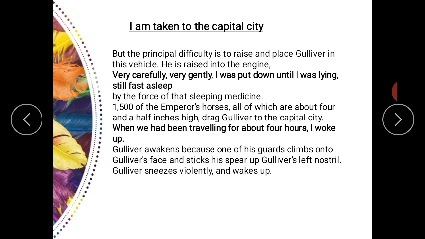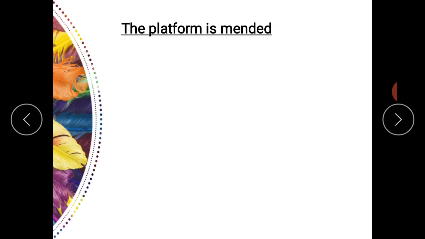Gulliver awakens because one of his guards climbs onto Gulliver's face and sticks his spear up Gulliver's left nostril. Gulliver sneezes violently and he wakes up. This was such a ridiculous incident that happened to Gulliver.